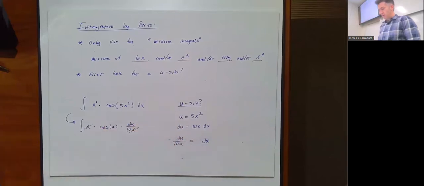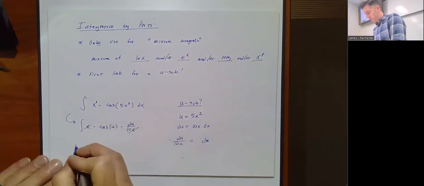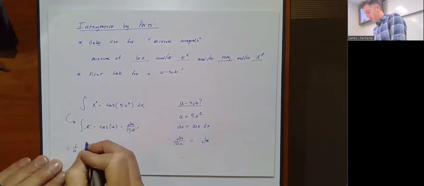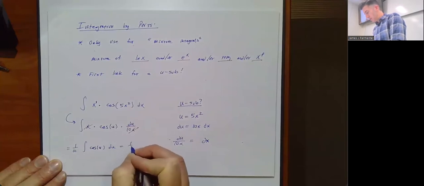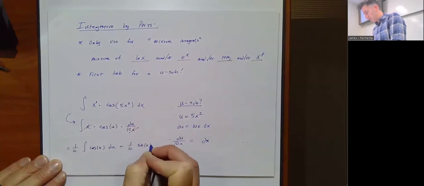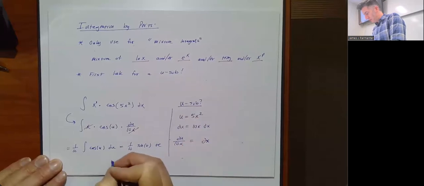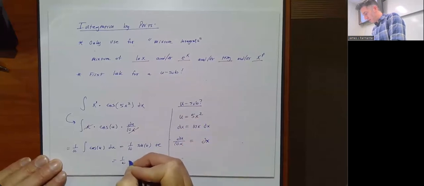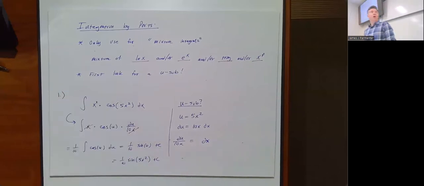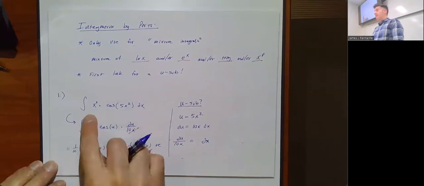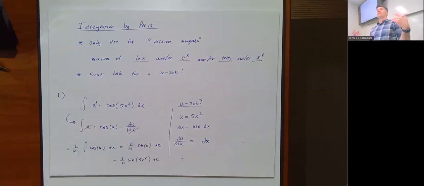So this becomes 1/10 the integral of cosine of u du, which is 1/10 sine of u plus c, which is 1/10 sine of 5x squared plus c. So this still qualifies as a mixture, but it is definitely a U substitution, not integration by parts.